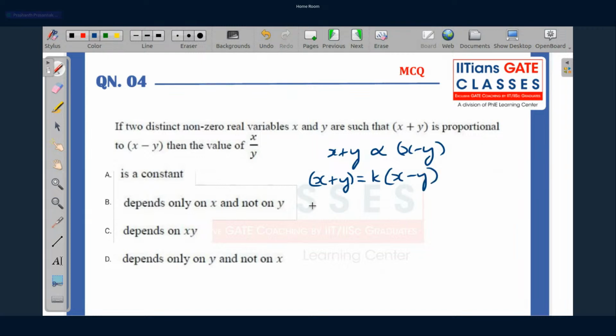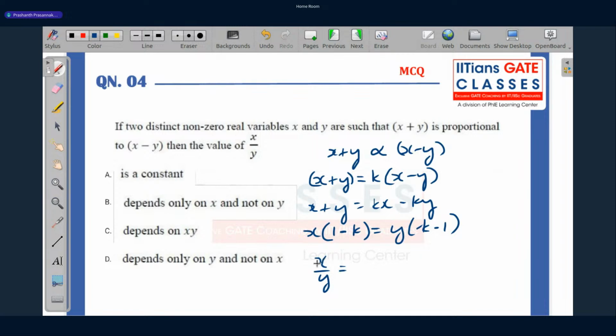Okay. So x plus y is equal to kx minus ky. x into 1 minus k is equal to y into minus k minus 1. This will give x by y is equal to k plus 1 by k minus 1.